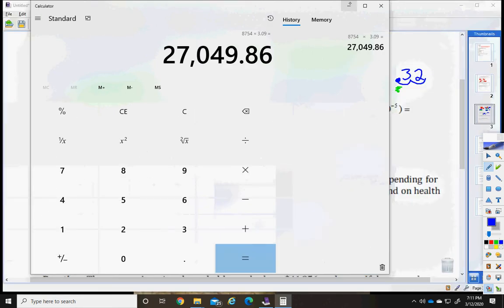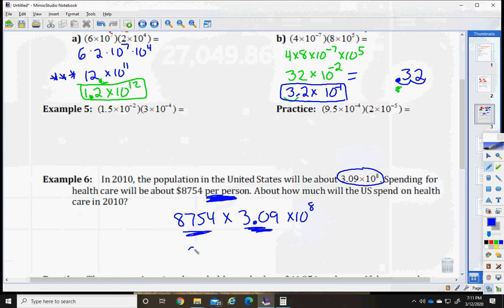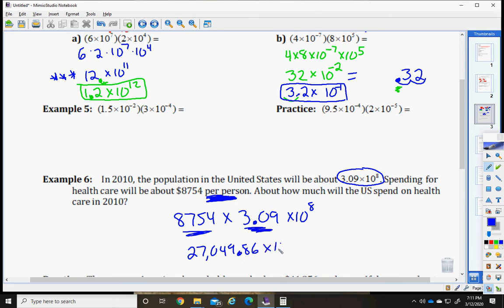27,049.86 times 10 to the 8th power. Now, this is not correct scientific notation. It doesn't say if I have to write my answer in scientific notation or not. So maybe you just want to change this to standard form. 1, 2, 3, 4, 5, 6, 7, 8.